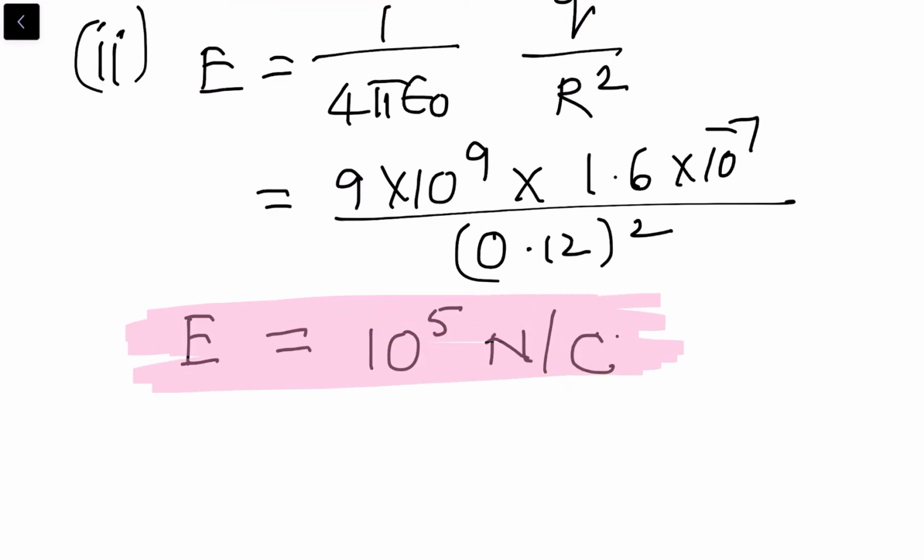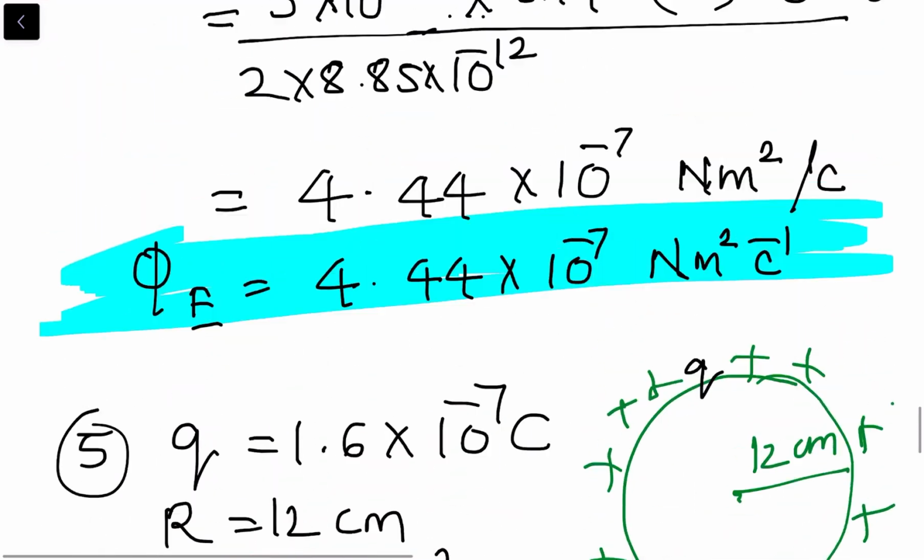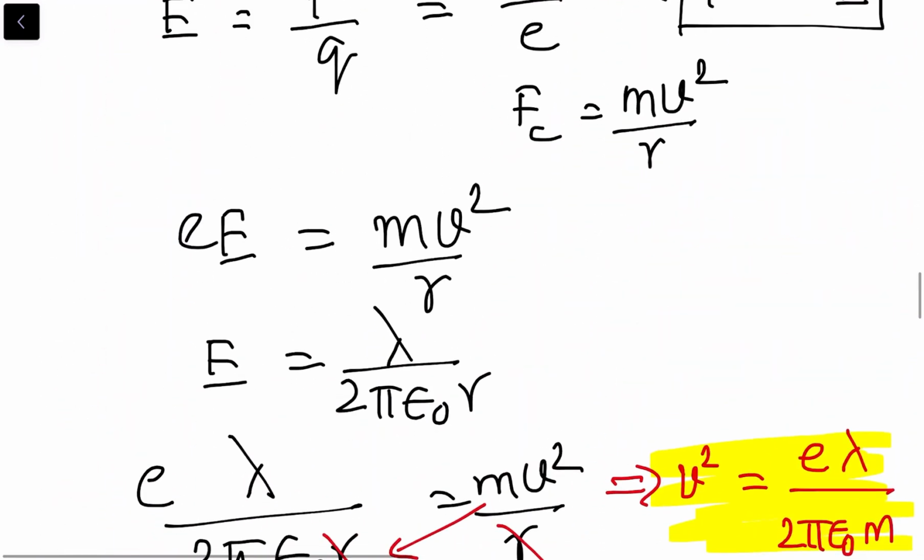So this is the first answer: E is equal to 0 inside. Second answer is we got 10 to the power of 5 Newton per Coulomb.